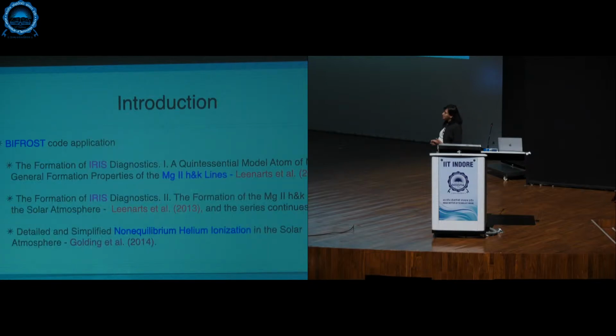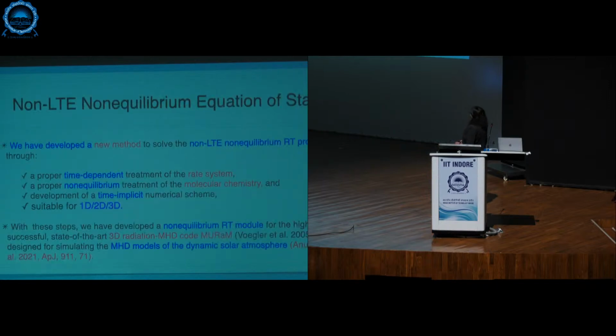Bifrost has been applied to several studies, and some of the papers are listed here, where the Bifrost code is used for understanding non-equilibrium effects and the formation of the magnesium lines and so on. Even then, it is not fully correct because of the underlying assumptions in the radiative transfer part.